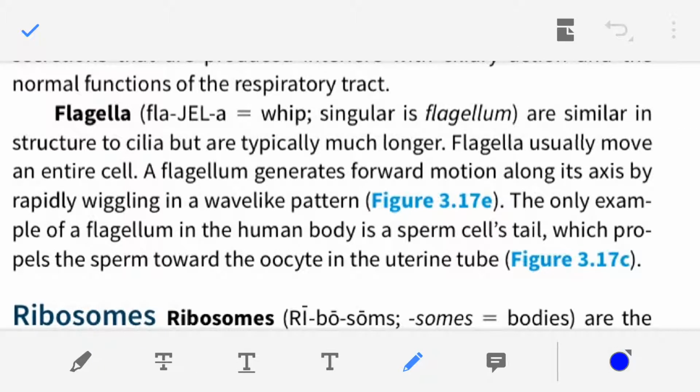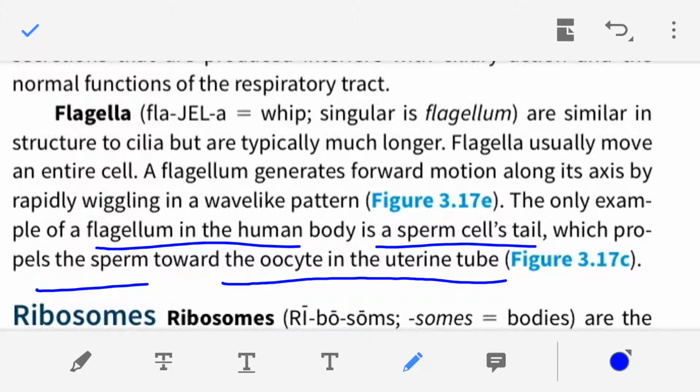Now, the only example of flagellum in the human body is the sperm cell tail. So the sperm cell tail is an example of flagellum, which is the only flagellum present in the human body. And due to the movement of the flagellum, the sperm propels toward the oocyte in the uterine tube.